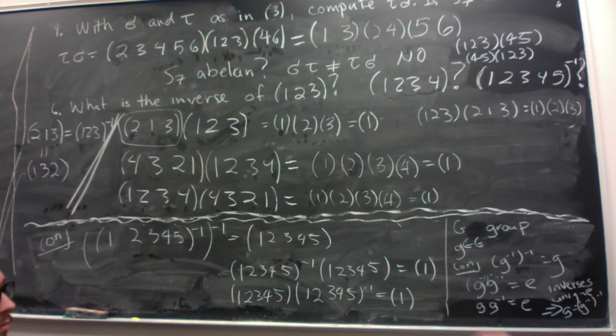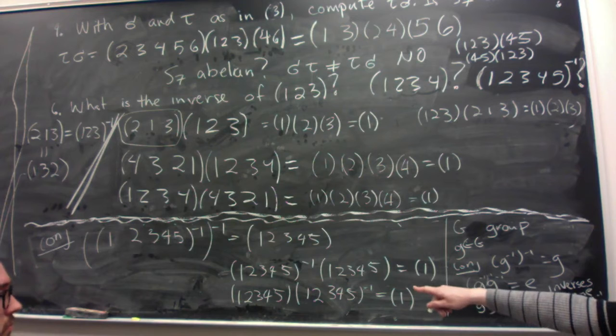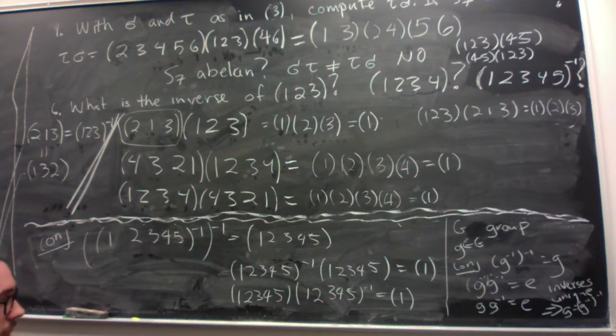I guess we used that there, secretly. I think we have to check the other direction, but we're out of space, and we also know that if something's an inverse, it's an inverse on both sides.